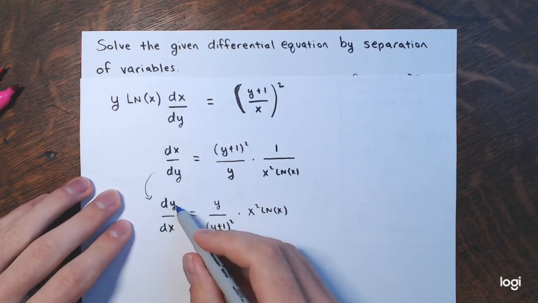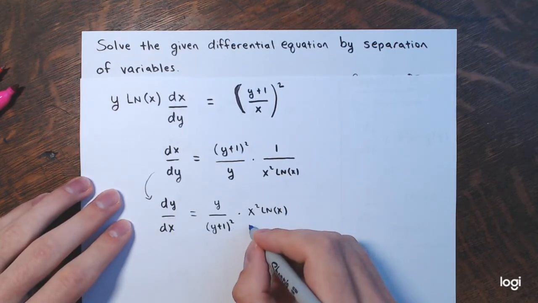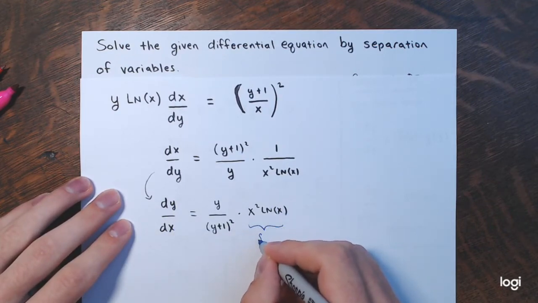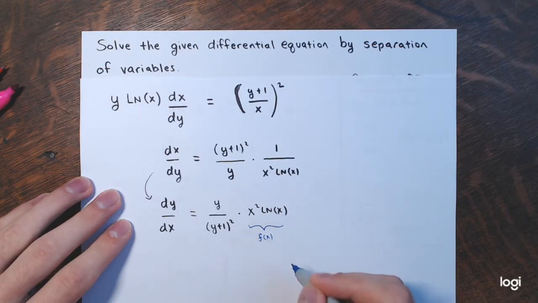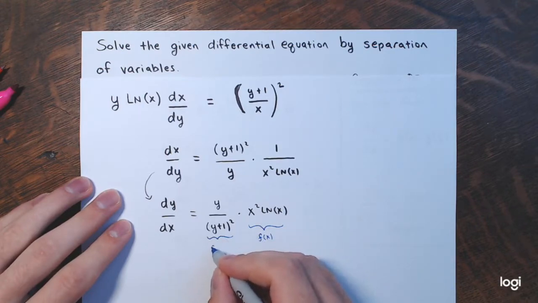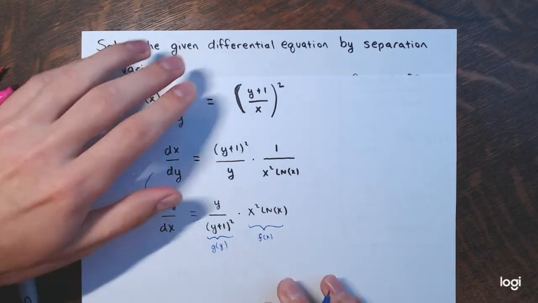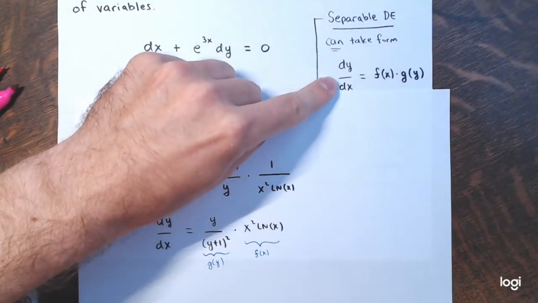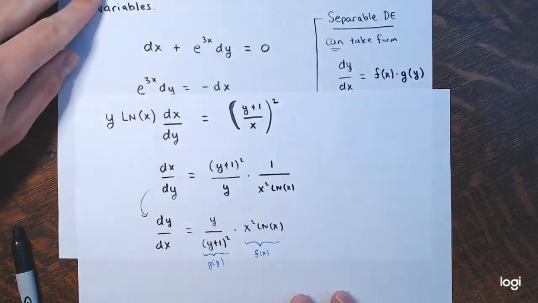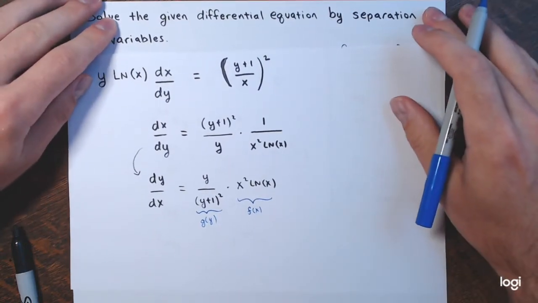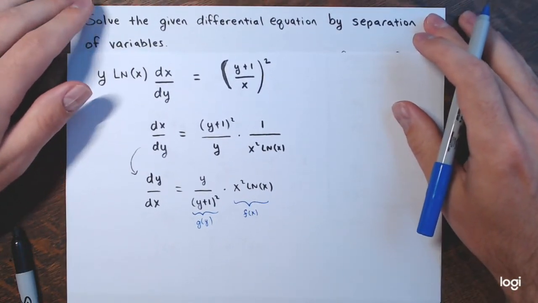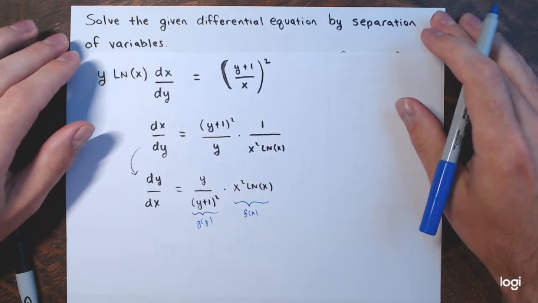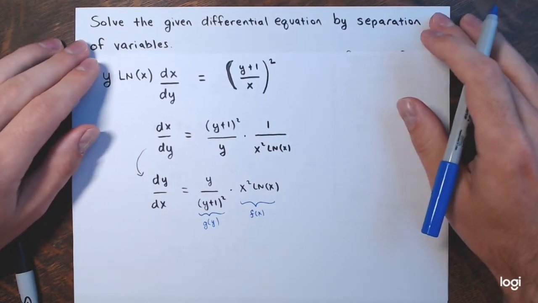I have my first derivative of y with respect to x over here, and on the other side you have some function that solely depends on x multiplied by some function that solely depends on y. Separable takes this form. Alright, and since it takes that form, it is separable, and I can separate the variables.